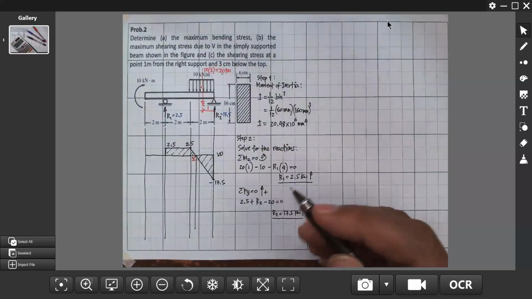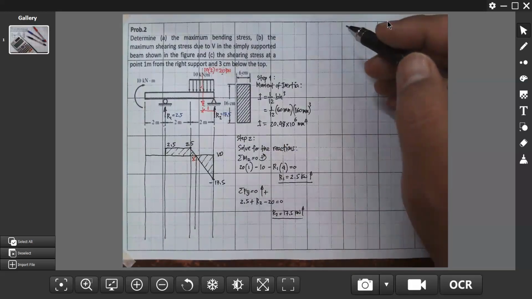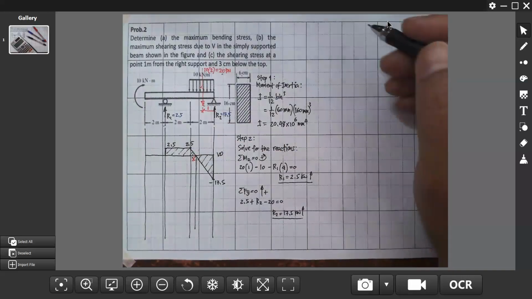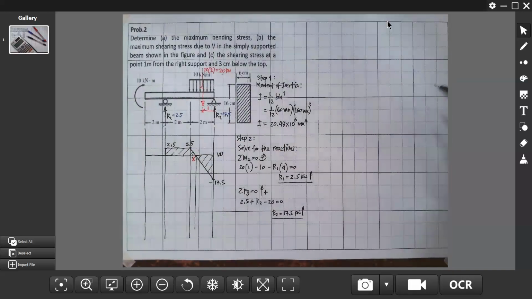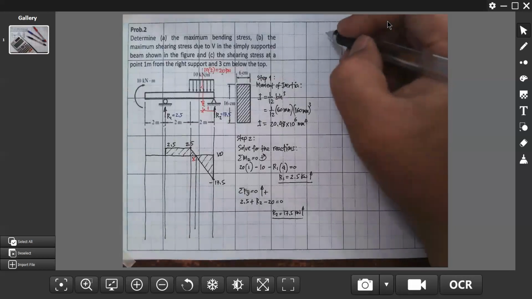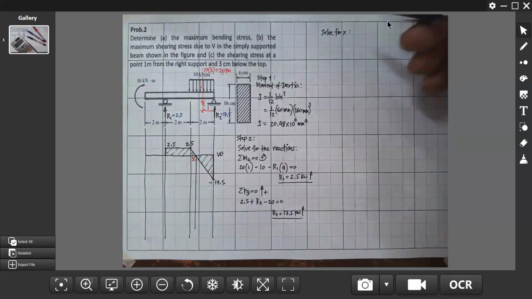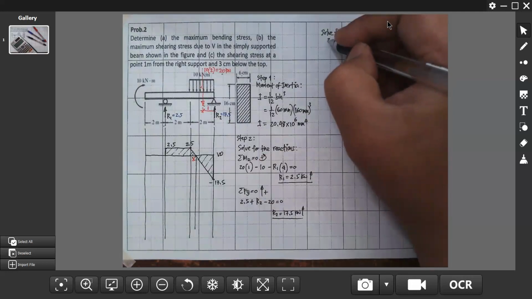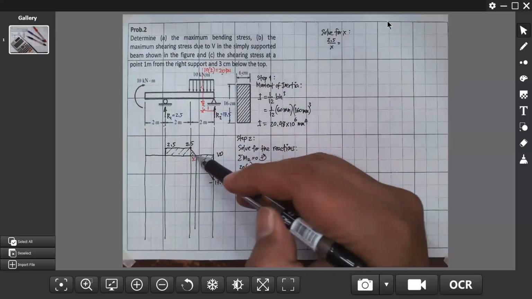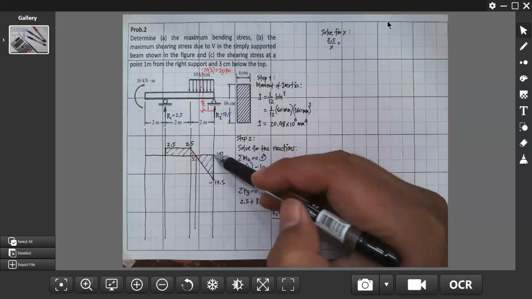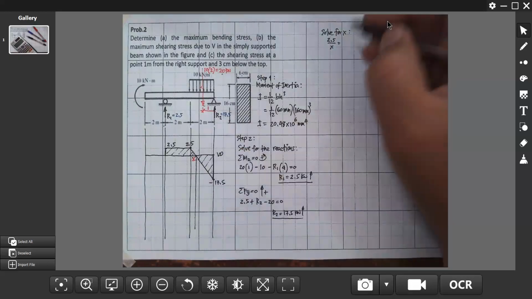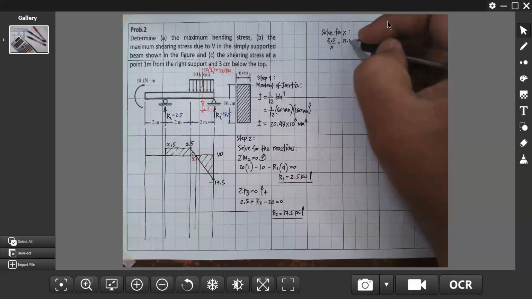Step 3, solve for x. 2.5 is to x as 17.5 is to 2 minus x.